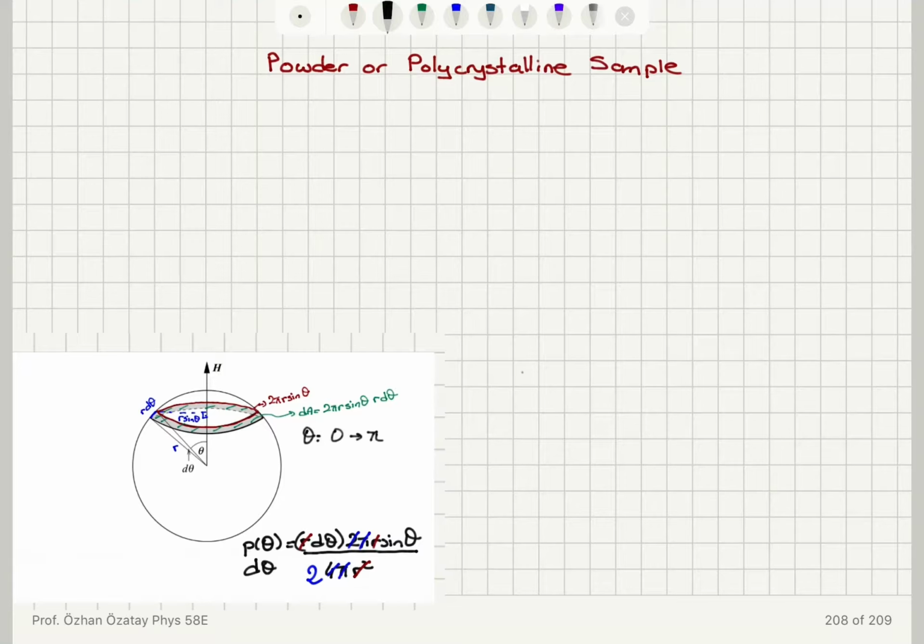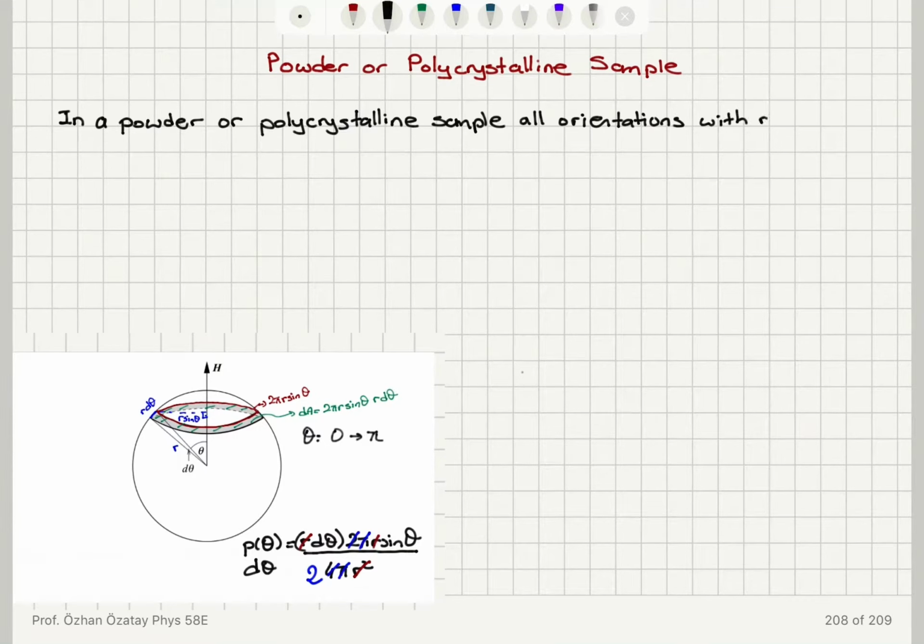So in a powder or polycrystalline sample, all orientations with respect to the field are allowed.